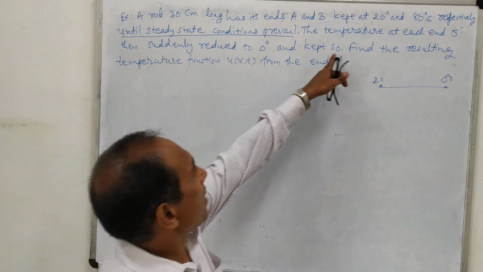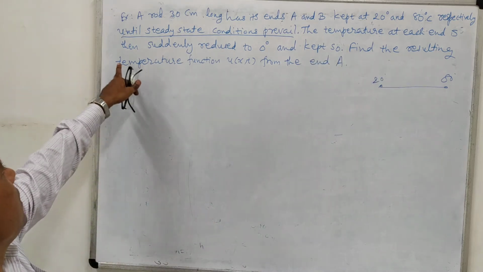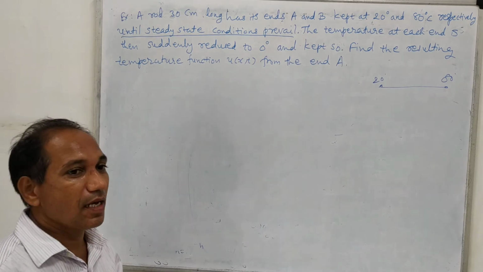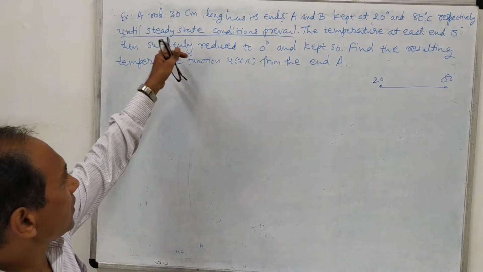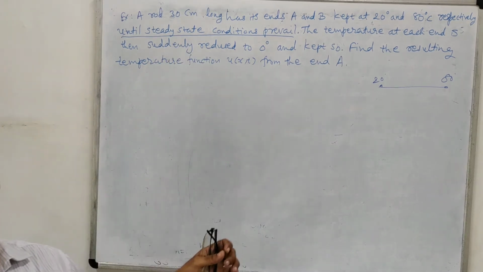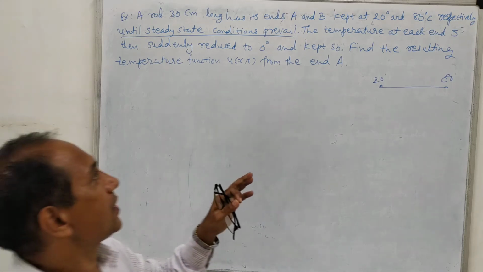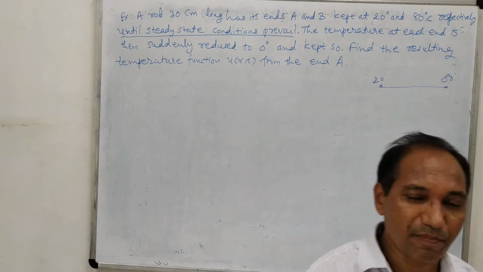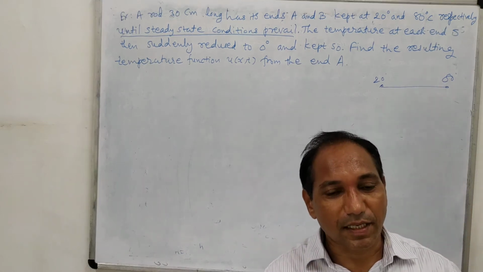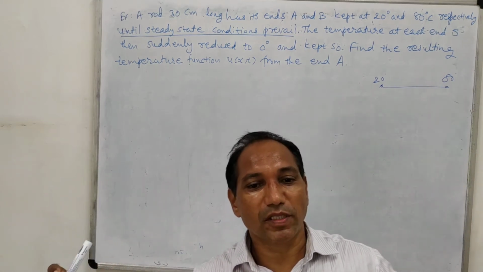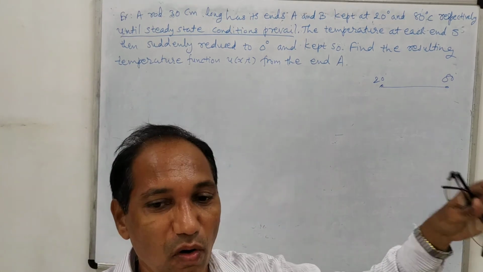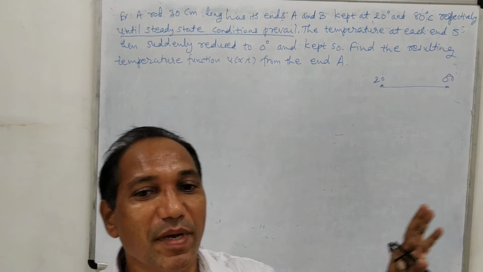After then, the temperature at each end is suddenly reduced to 0 degrees Celsius and kept so. That means after the steady state condition, the temperature at the end points will remain 0 for all time.